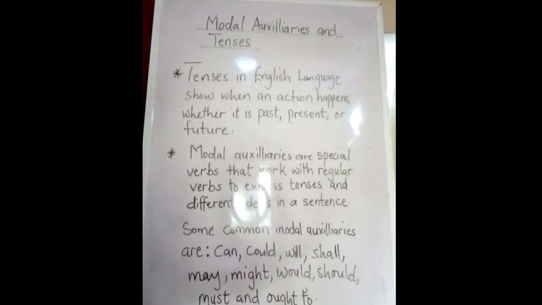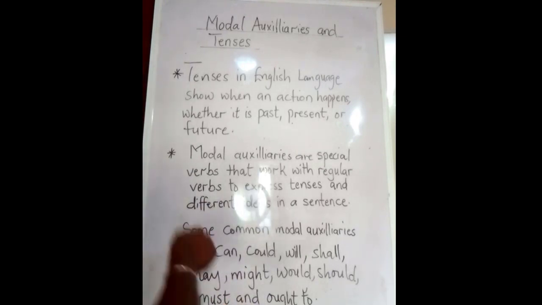But for the sake of today's lesson, because our focus is on modal auxiliaries and tenses, not all of these modal auxiliaries will feature, because we're going to take them one after the other and see how they function to show tenses in English.